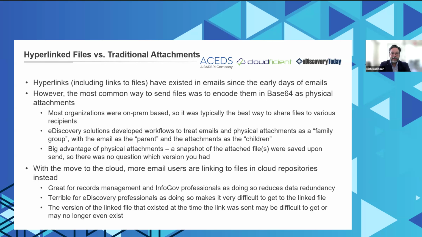And in today's age of collaboration and collaboration platforms, we've moved into this concept of sharing links to files as they exist when they were added to the email, but allow for the continuing collaboration of the people on the email, right?